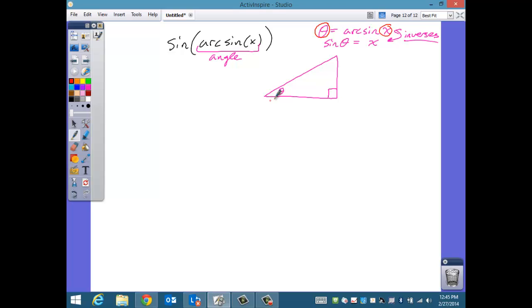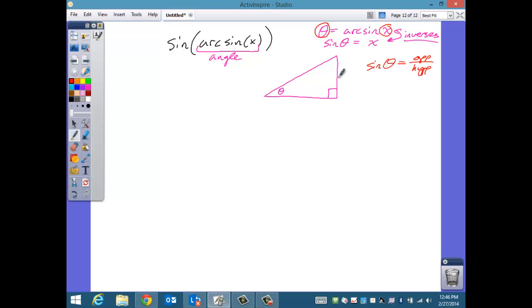So what we've done is we've taken theta, we've drawn it so that we want it to equal arcsine of x. And the way we do that is to make sure that the other statement is true. We make sure that the sine of this angle actually equals x. And as you know, the sine of an angle equals opposite over hypotenuse, right?